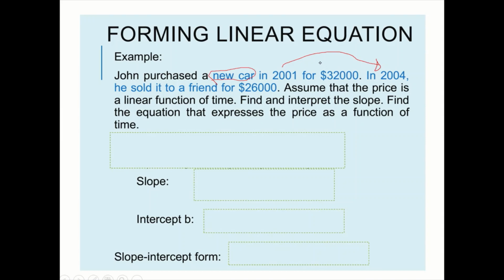So for this example, after 3 years, the price reduced from $32,000 to $26,000. In 2001 the price is $32,000, and in 2004 it is now reduced to $26,000.